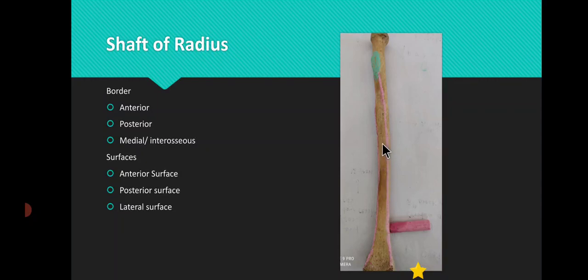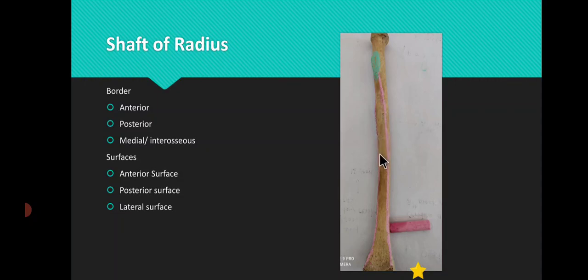This is the anterior border, and this oblique part is also called the anterior oblique line. Another is the medial border. The interosseous membrane is attached to it, that's why it is called the medial or interosseous border. It is the sharpest border among all the borders. If you feel all the borders of radius, you can feel the sharpest border.